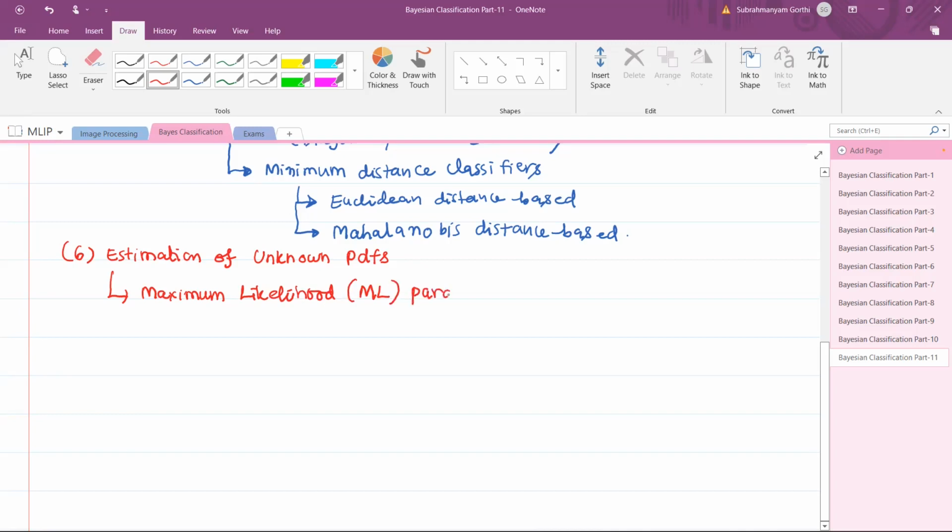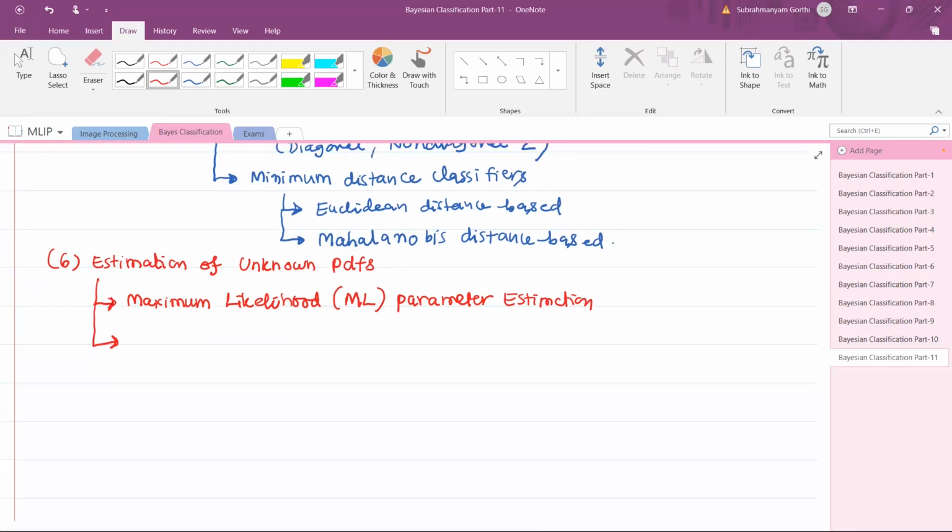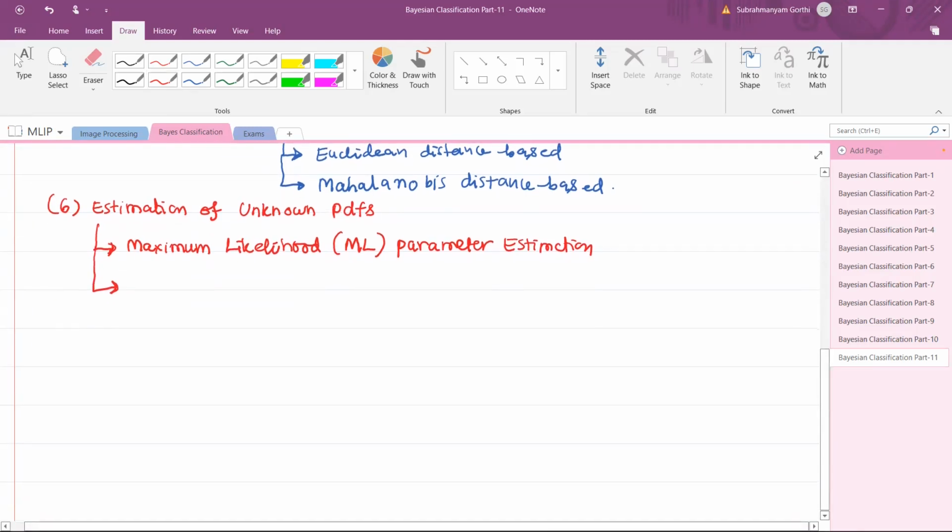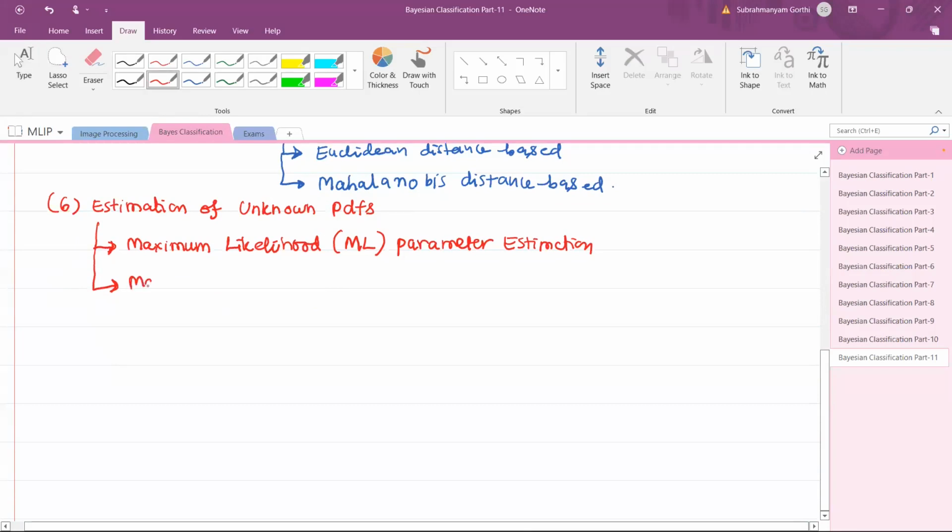So we'll discuss the ML parameter estimation method and MAP, maximum a posteriori probability, so MAP you call it, a posteriori probability parameter estimation.